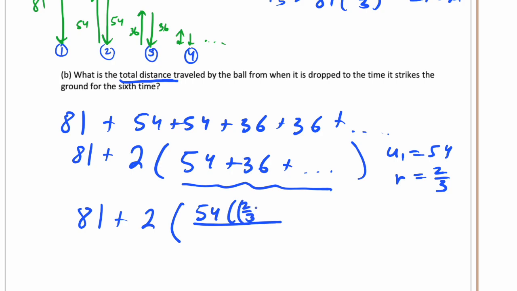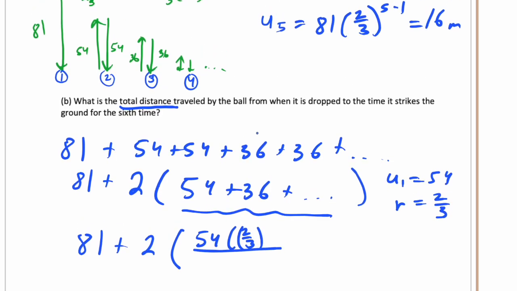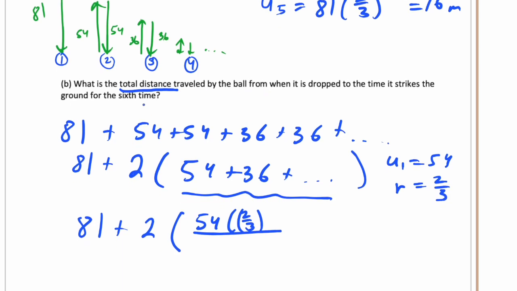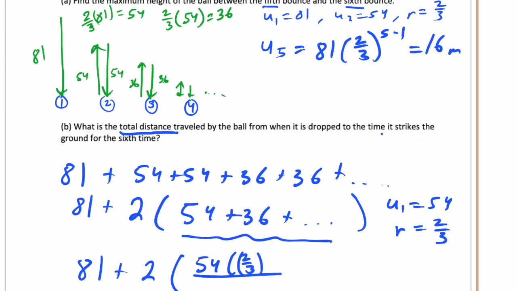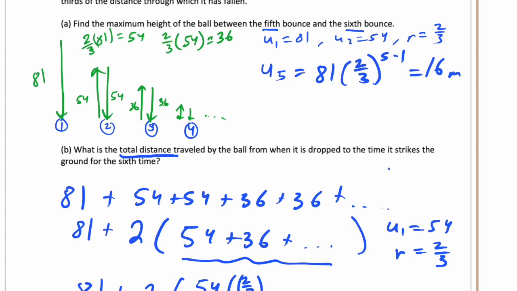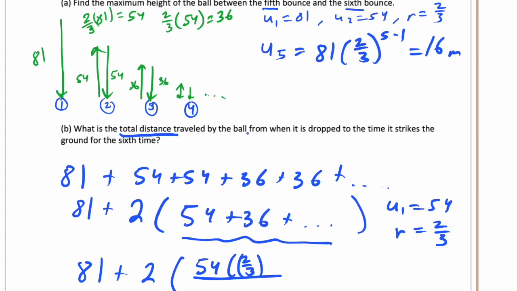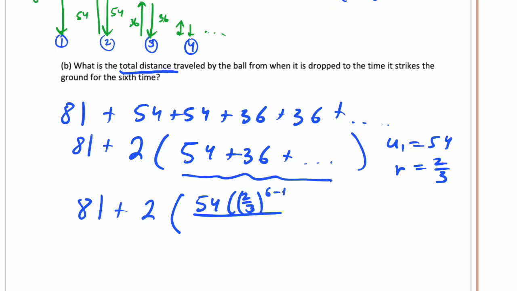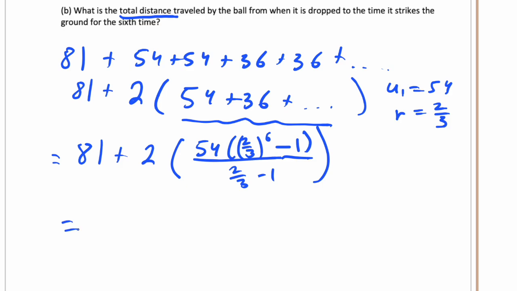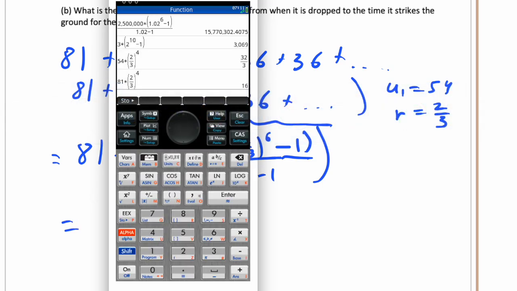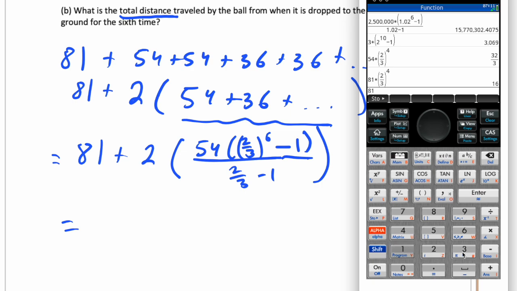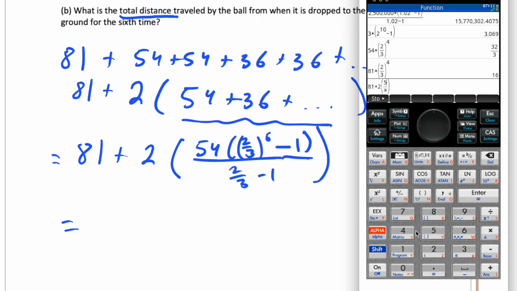So our sum formula is going to be 54. Now, when you put this in your calculator, you need to put 2/3 in brackets. And what's n in this case? It's the total distance till when it strikes the ground for the 6th time. So that's going to go up to 6, so that's going to be 6 minus 1 over 2/3 minus 1. So let's do that on the calculator. You've got 81 plus 2, bracket, 54, bracket, and another bracket for the 2/3.